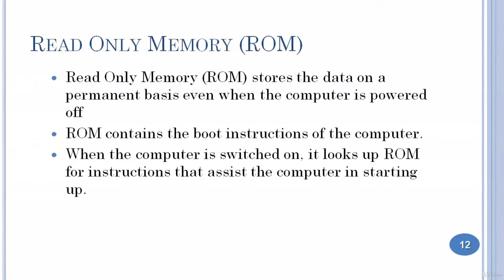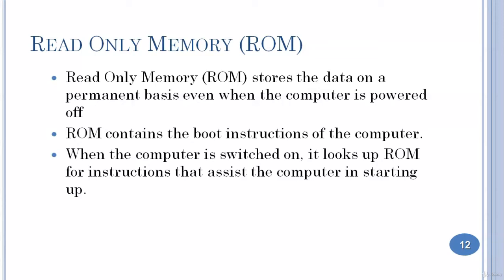Now let's discuss the second type of memory, which is the read-only memory. Read-only memory stores data on a permanent basis even when the computer is powered off. ROM contains the boot instructions of the computer.